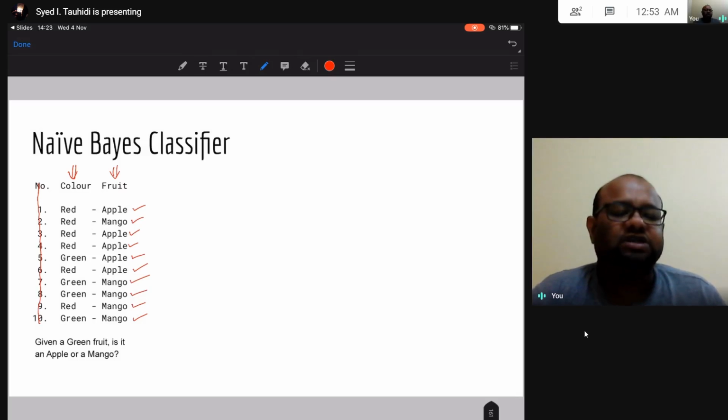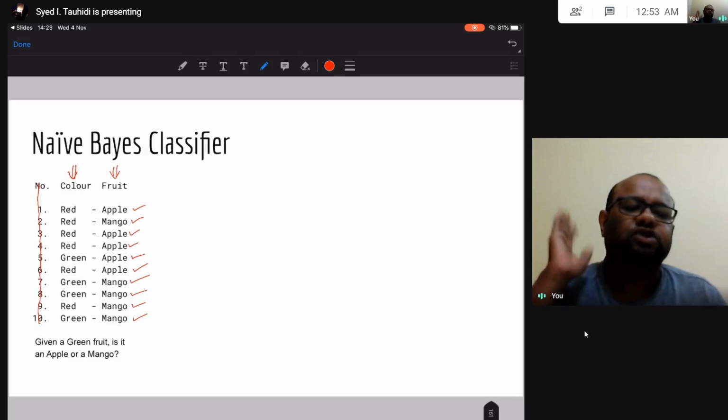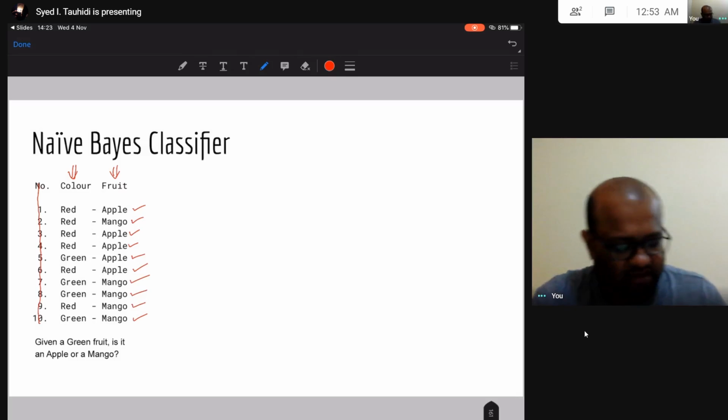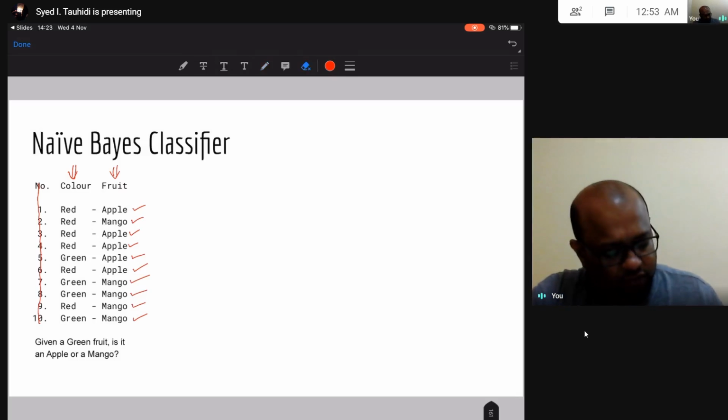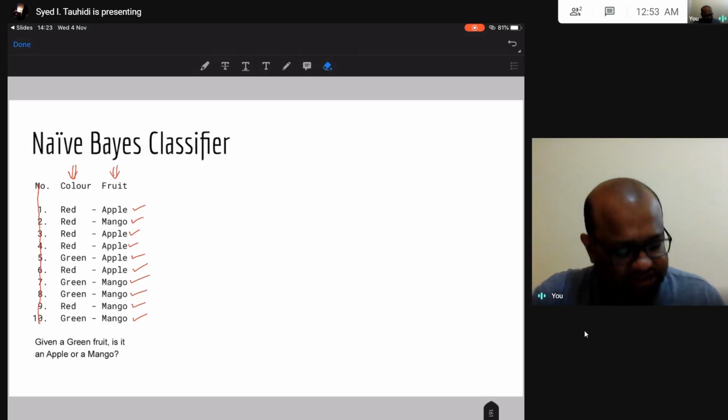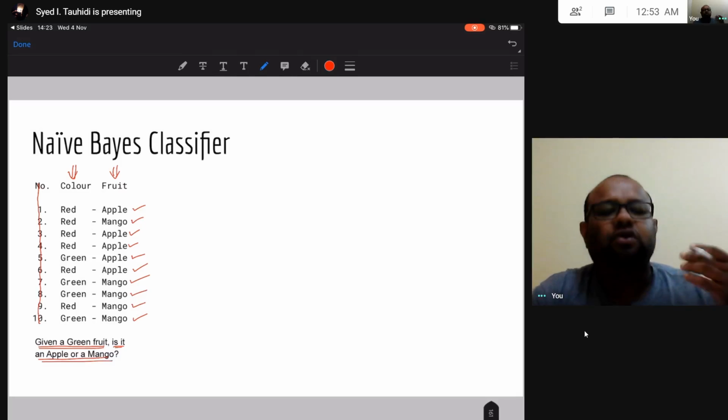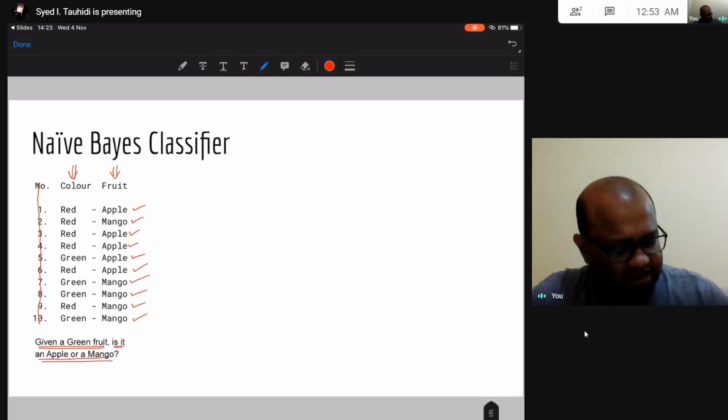So these are the fruits that are there in my data set, and from this I have to answer this question. Given a green fruit, is it an apple or a mango? In probabilistic notation, what am I being asked?